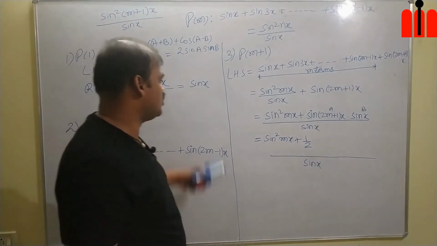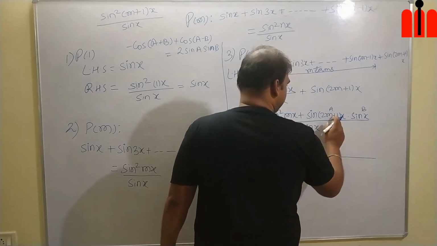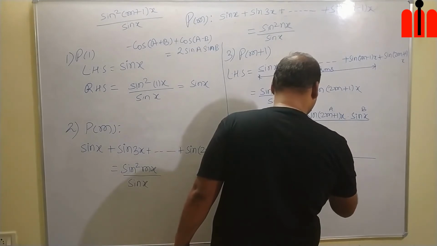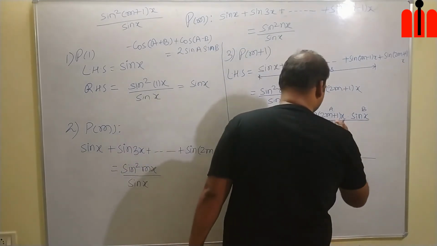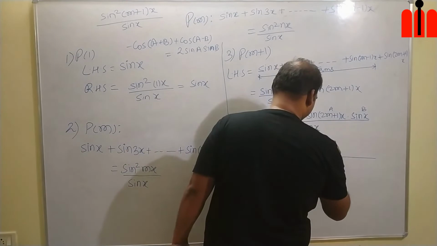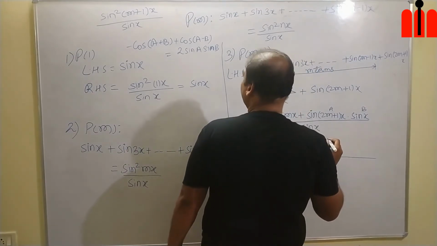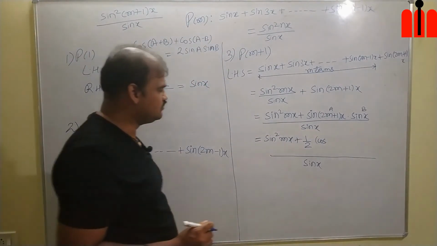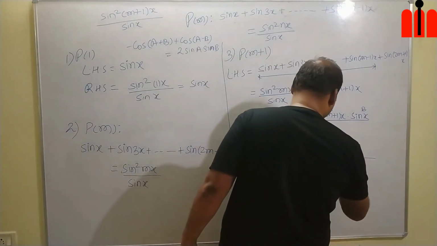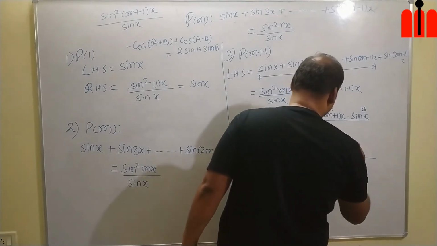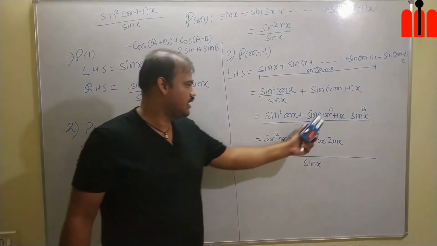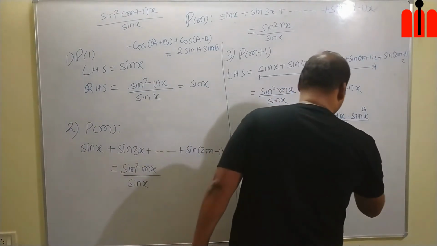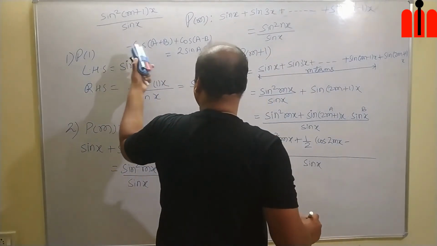Now cos (a minus b). So a is (2m plus 1)x, b is x. Once you do the subtraction, it will become cos 2mx, because a minus b is with positive sign. Okay, a minus b is (2m plus 1)x minus x. Now a plus b is with negative sign.